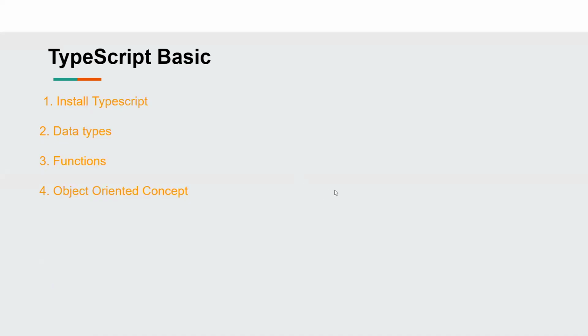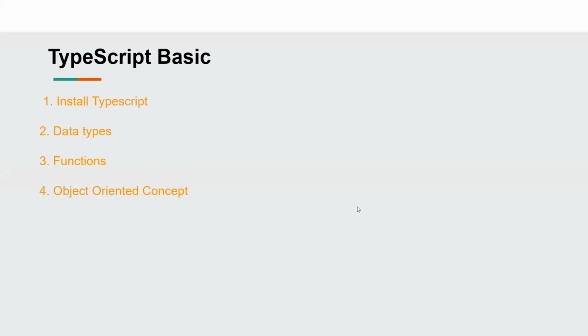TypeScript, as I said, is a wrapper over JavaScript. JavaScript has some limitations, so they've built a wrapper over JavaScript, and those limitations are solved by TypeScript. We'll learn TypeScript by comparing it with JavaScript so that you are able to learn it very easily.